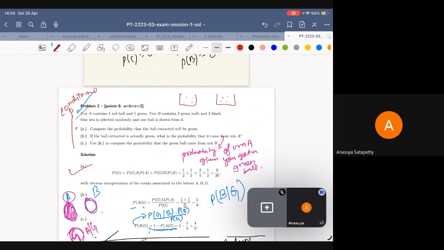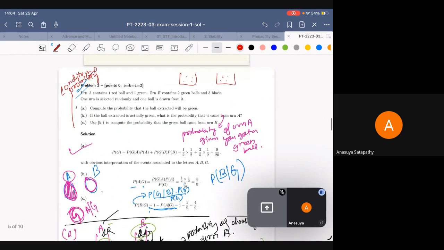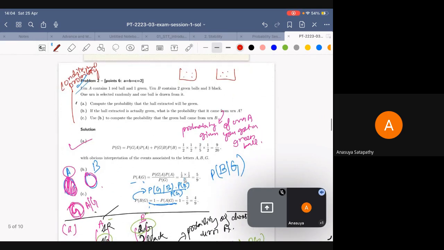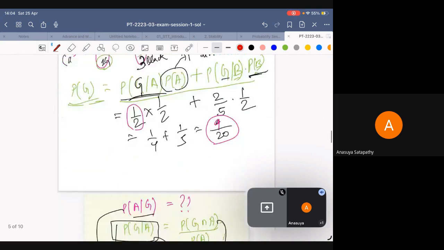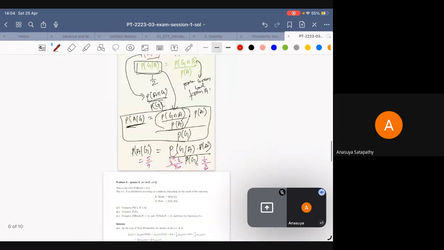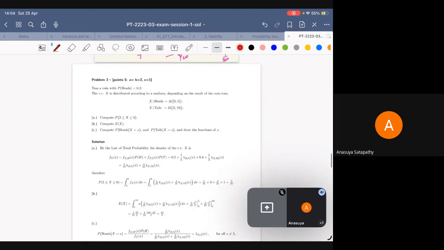First one was a set theory question and second is the conditional probability question. These two questions are extremely easy because they are school level, mostly if you know the basics of set theory, union, intersection, and how set theory works.